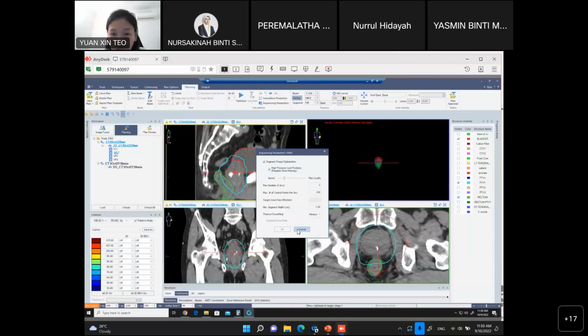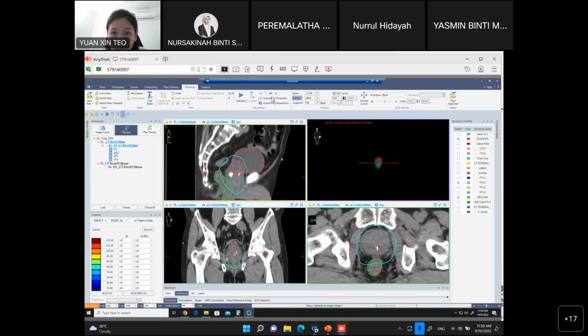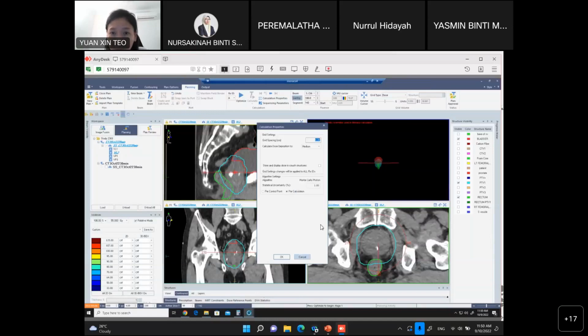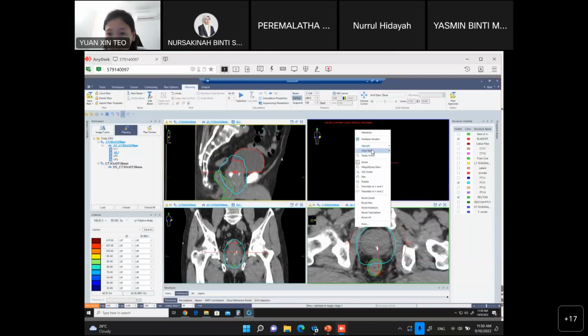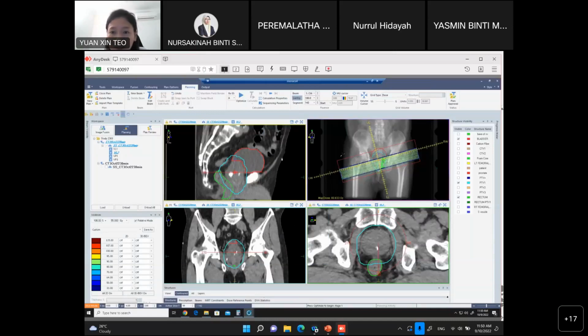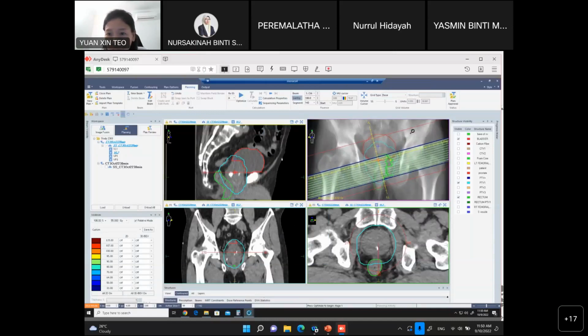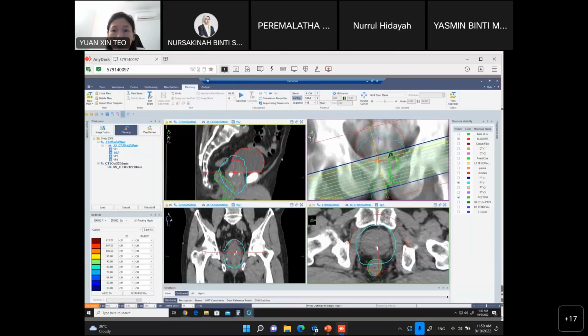Okay, I can show you here. This one. Okay, just now when I said there are a lot of small field-in-field segments, this is what I mentioned.